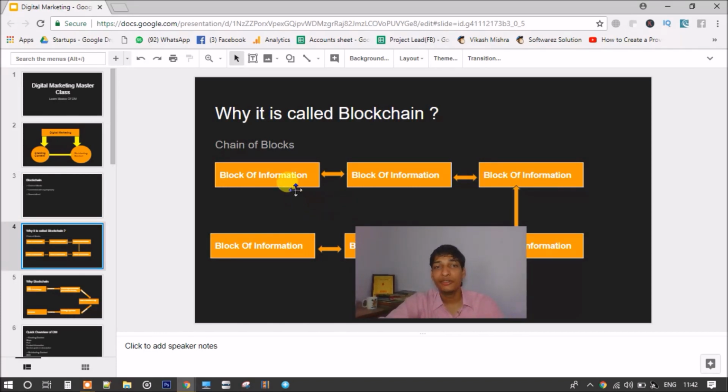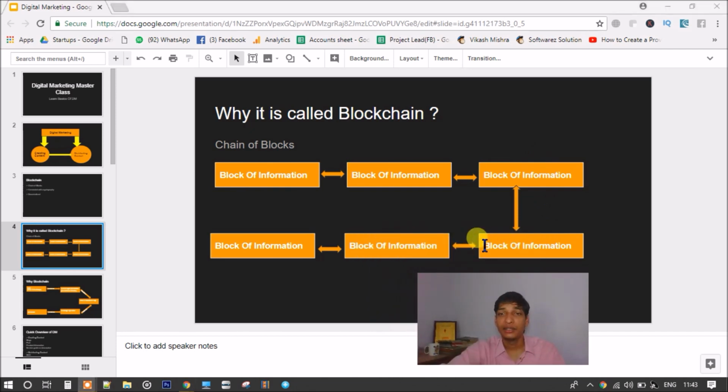So this is a typical diagram of blockchain. We said blockchain is a chain of blocks. Each block has some kind of information, and all of these blocks are connected with each other. So what does chain of blocks mean? Let's say this is a block of information, this is a block of information, this is a block of information, and this is a block of information.